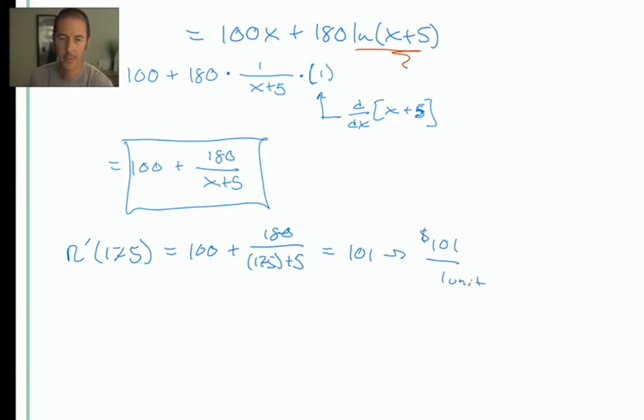And if you think of it as rise over run, if you increase your number of units by 1, as in moving horizontally 1 unit on a graph, then your rise in the y direction would go up $101. So an increase of 1 unit causes an increase in the y direction of $101.